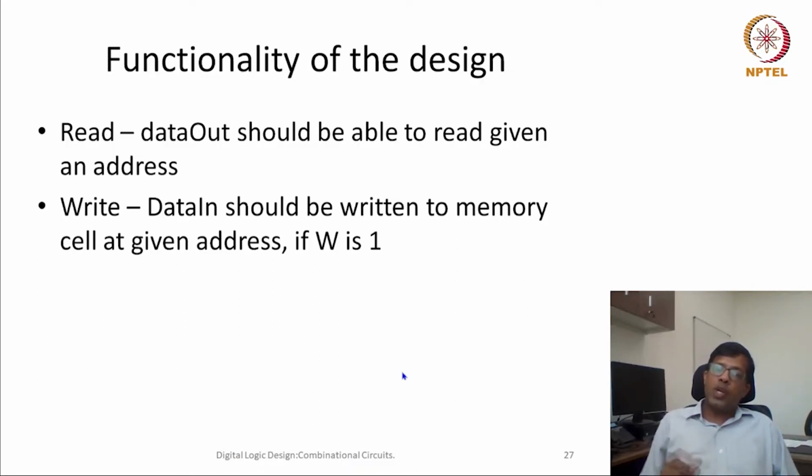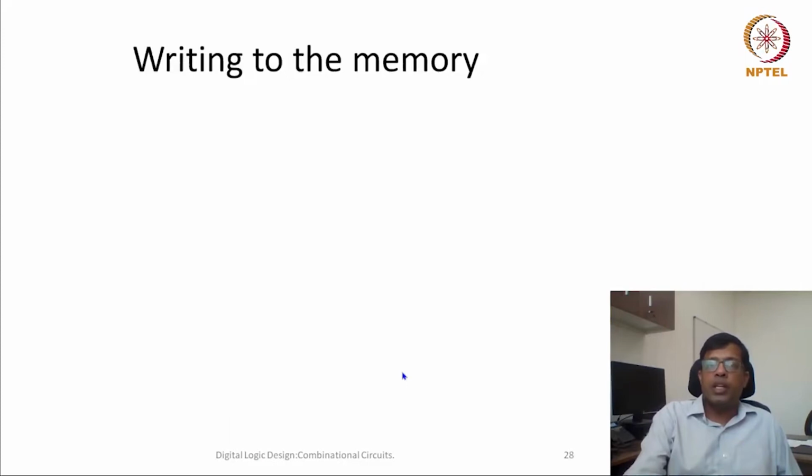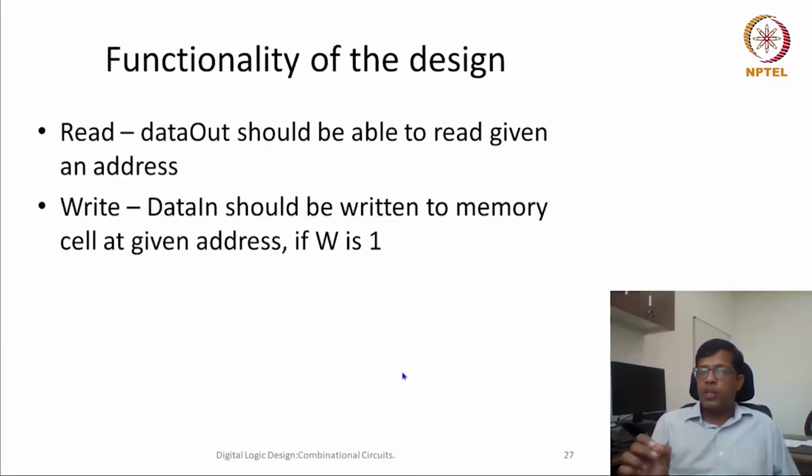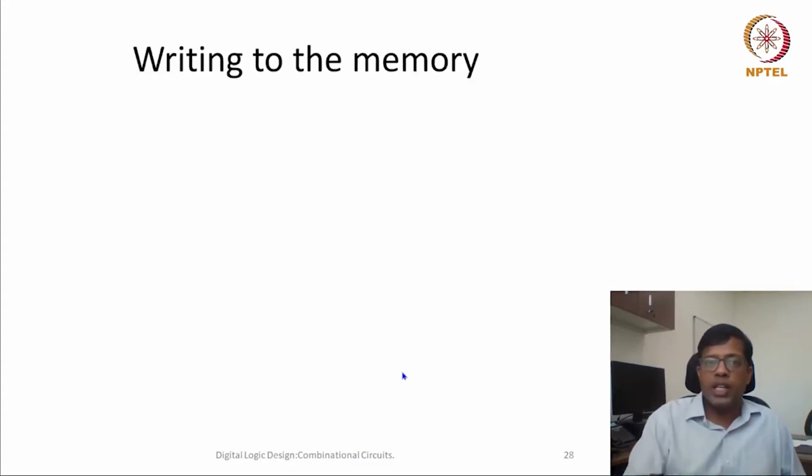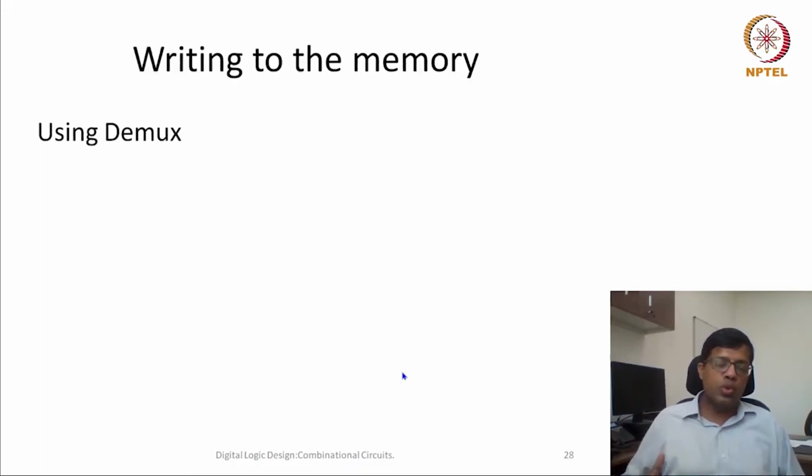In case of write, I have one input, data in, and that input has to go to one of the 16 memory cells based on the address. So the first thought that comes is that I should use a demultiplexer.